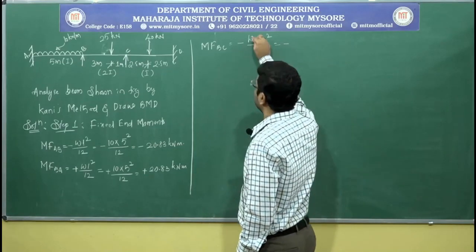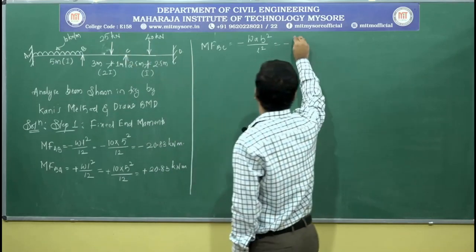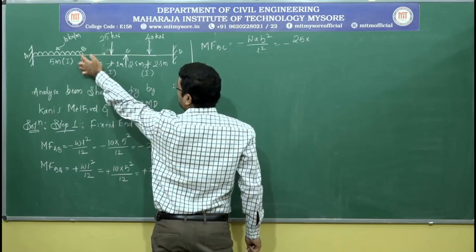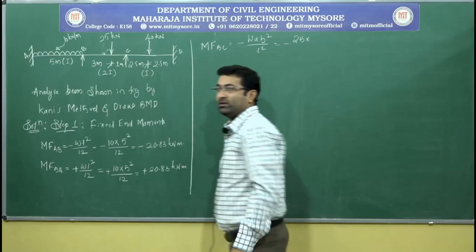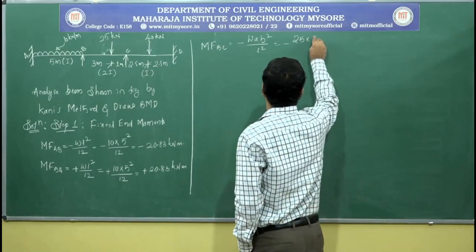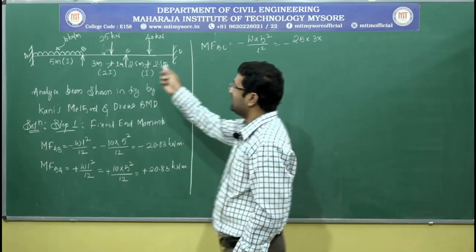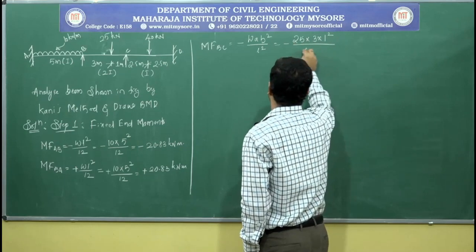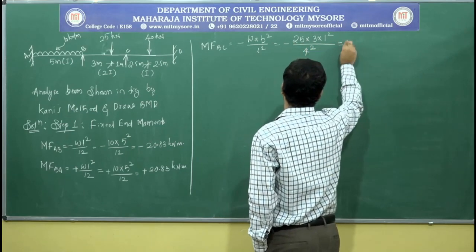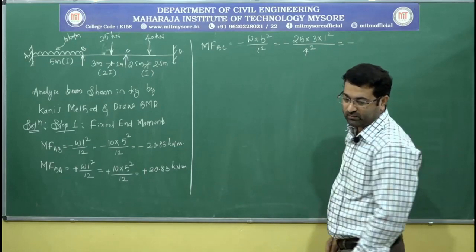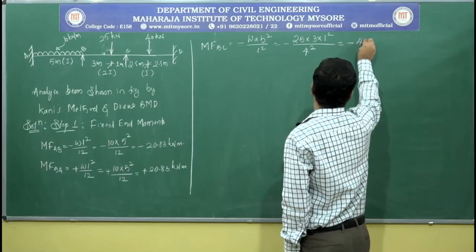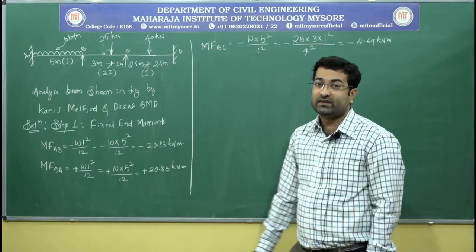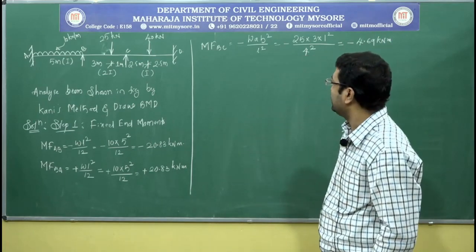So minus, here the W is 25 kilonewton, so it is 25 into A. A is the distance from point B to the load, that is about 3, and the other distance is 1 meter, so it is 1 square divided by the total span 4, so it is 4 square. So this yields to minus 4.69 kilonewton meter. So this is the fixed end moment for the span BC, that is MFBC.